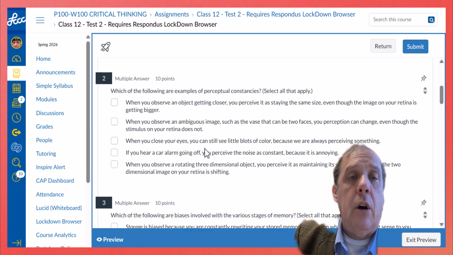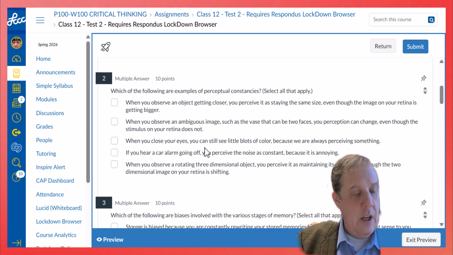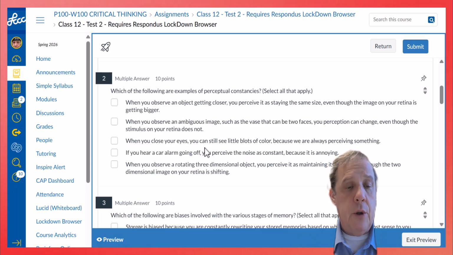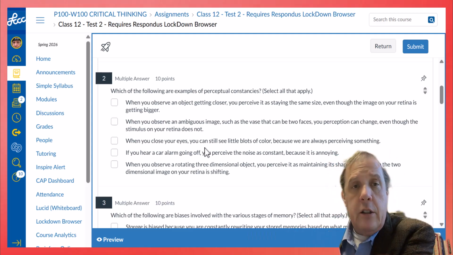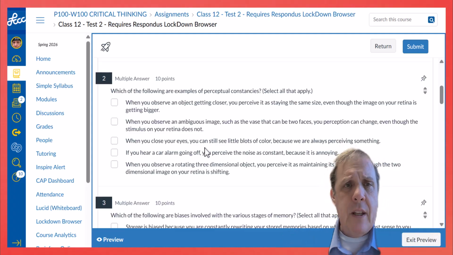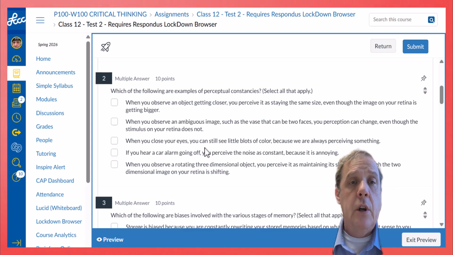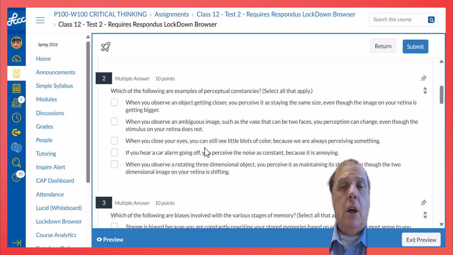Which of the following are examples of perceptual constancies? So this again should be on your review sheet. When we're talking about perception, we talk about the ways in which perception is actually like inference. It involves a fair amount of reconstruction from the data given.